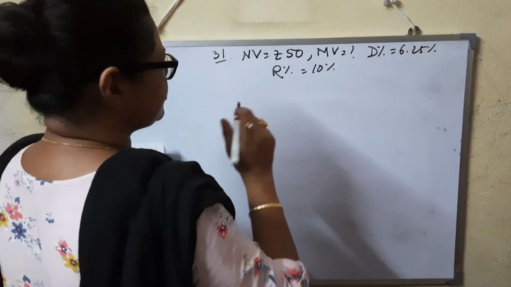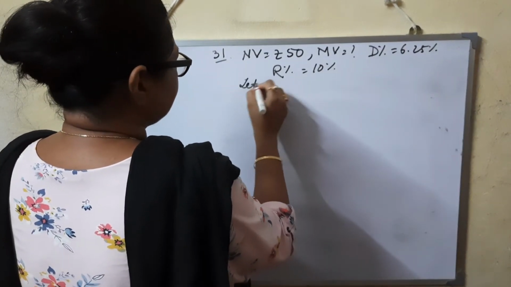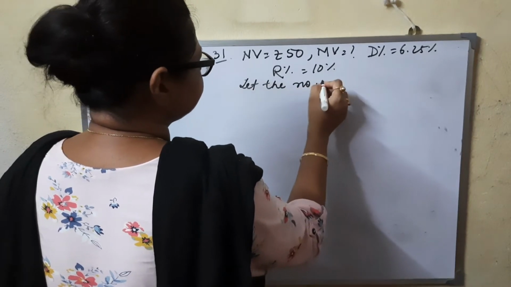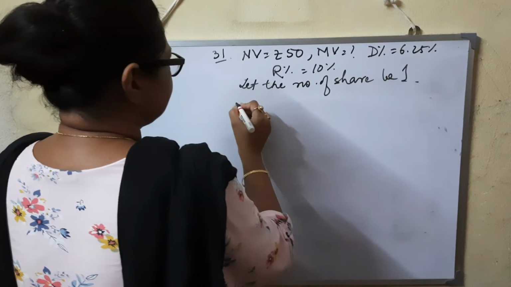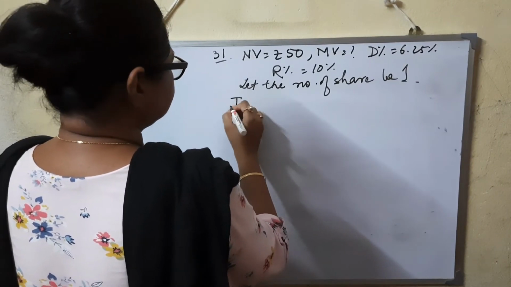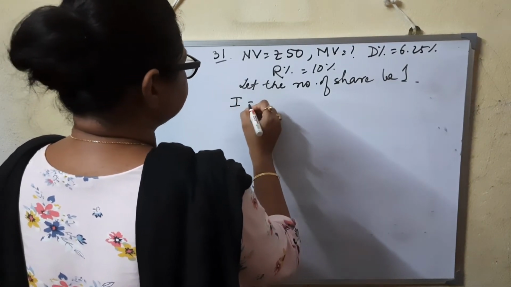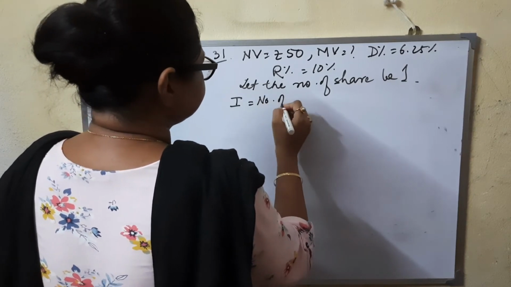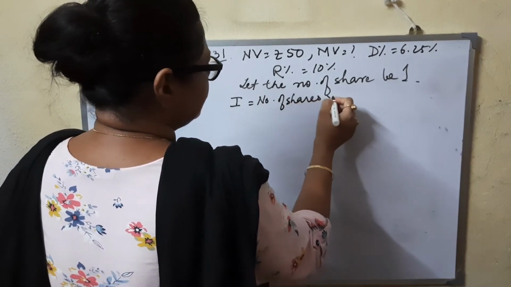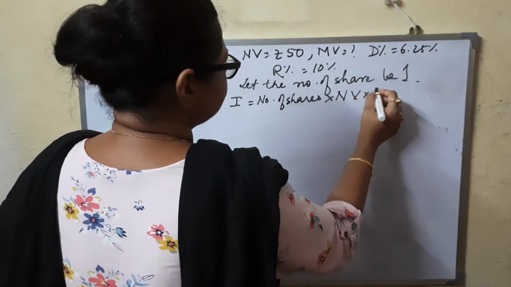We take number of shares as 1. Then income is equal to number of shares into nominal value into dividend percent.